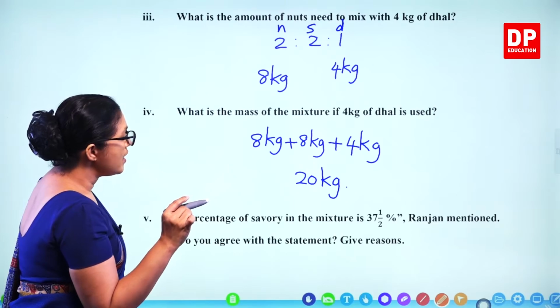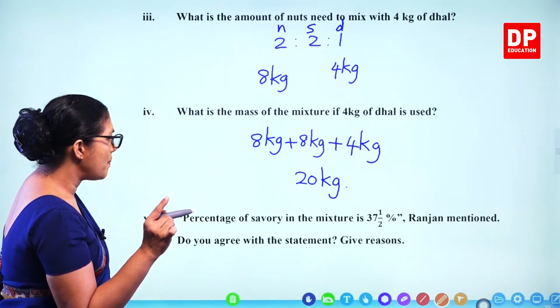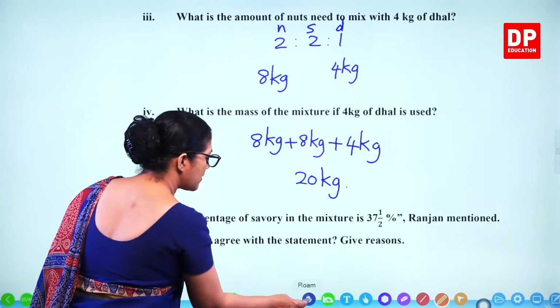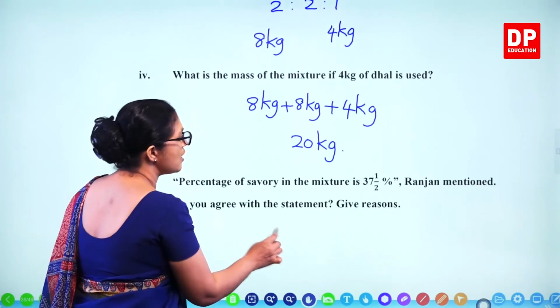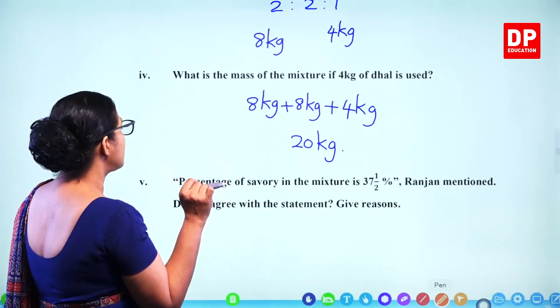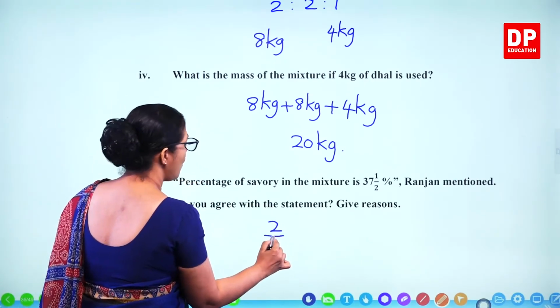The percentage of savory in the mixture is 37.5%, Ranjan mentioned. Do you agree with the statement? Give reasons. So let's calculate the percentage value. Savory means 2 parts out of 5.